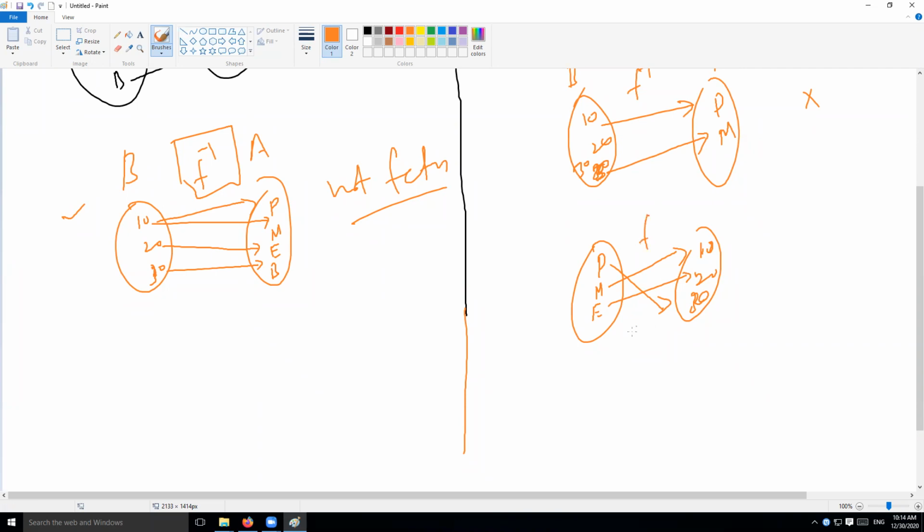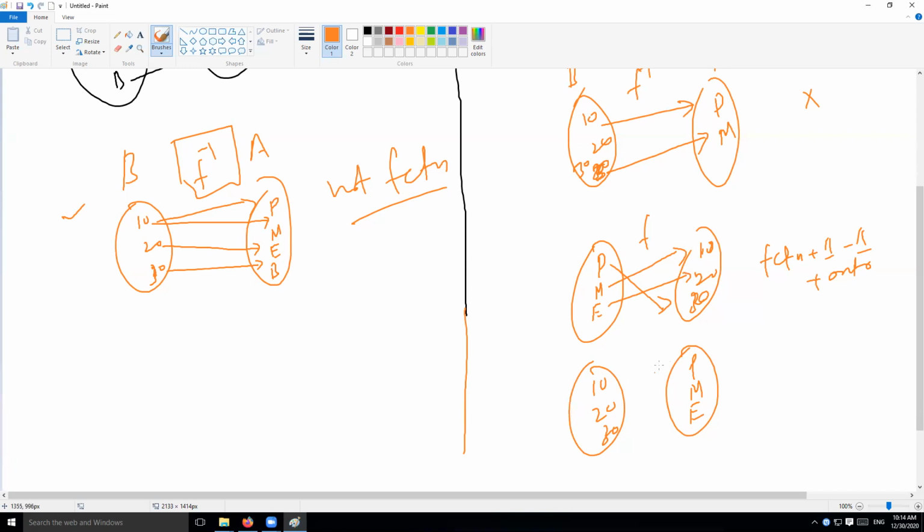And so this is f actually. Okay, so this f is a function, plus it's also 1-1, plus it's also onto, right? So its inverse, yes sir, is a function: 10, 20 and 30 and P, M and E. Are you getting the point?